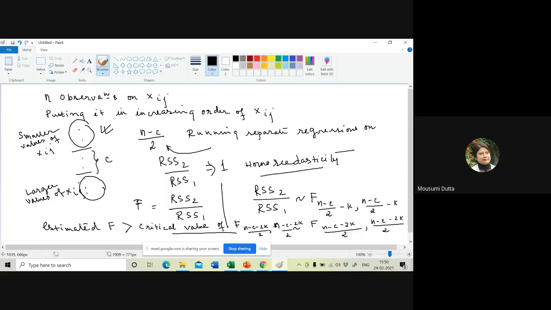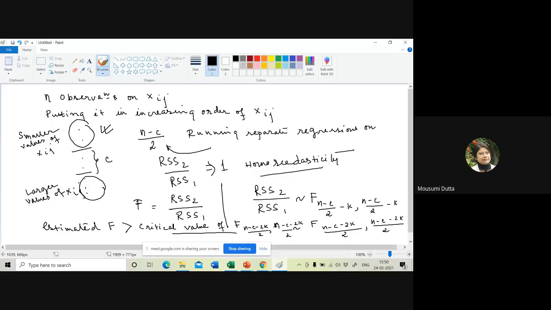This is number one. Another thing I mentioned: when you consider (n minus c) by 2, this should be greater than k. Because when we are taking the degrees of freedom, we are writing the value as (n minus c) by 2 minus k. So the (n minus c) by 2 part should be greater than the number of parameters.